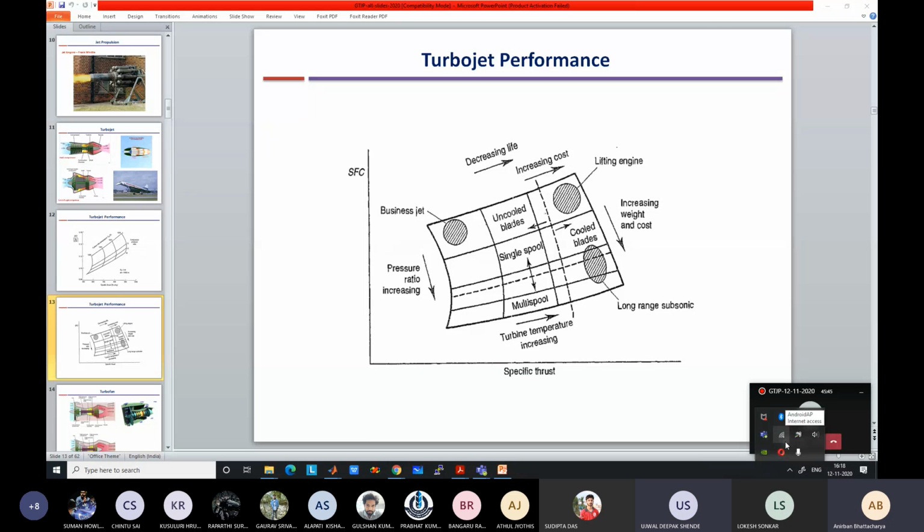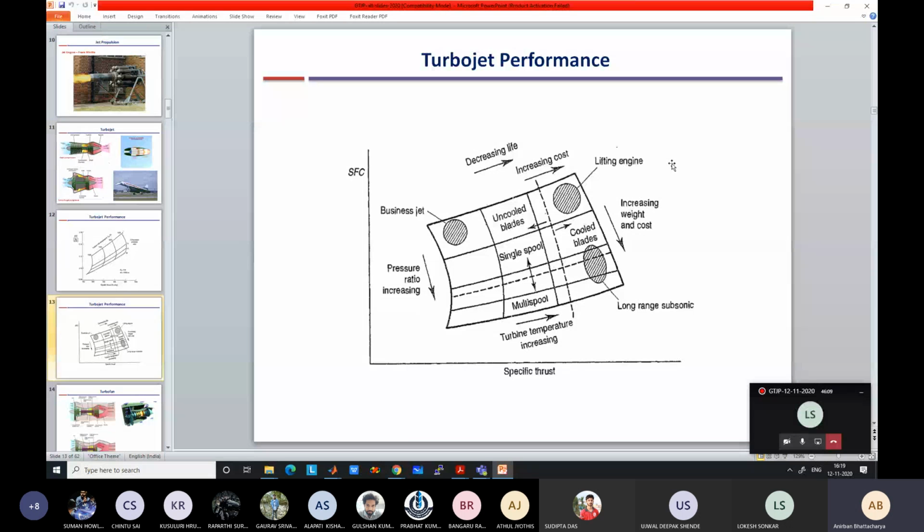Yes, sir. Okay. The other design aspect is that if you keep on increasing the turbine inlet temperature, at higher temperature you will need very sophisticated cooling mechanisms like cooled blades with ceramic coating and internal cooling of the blades.